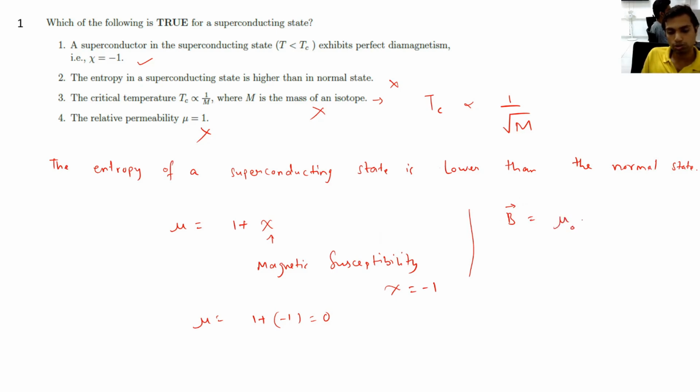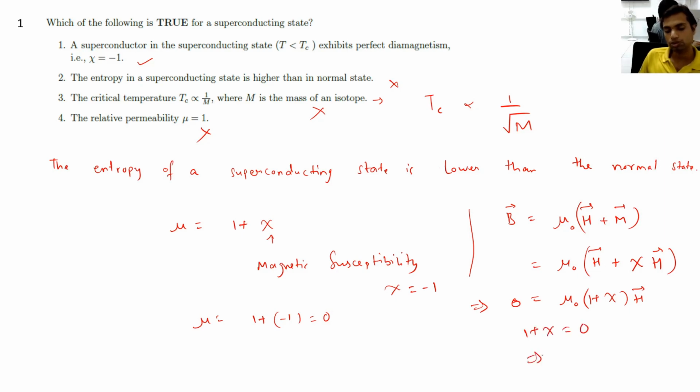So we have B equals mu naught times H plus M. From the definition of susceptibility, M can be written as chi times H. So it is mu naught times 1 plus chi times H. To satisfy the Meissner effect, the magnetic field has to be 0, and this can be 0 if 1 plus chi is equal to 0. So chi is equal to minus 1. So these things come from the Meissner effect.